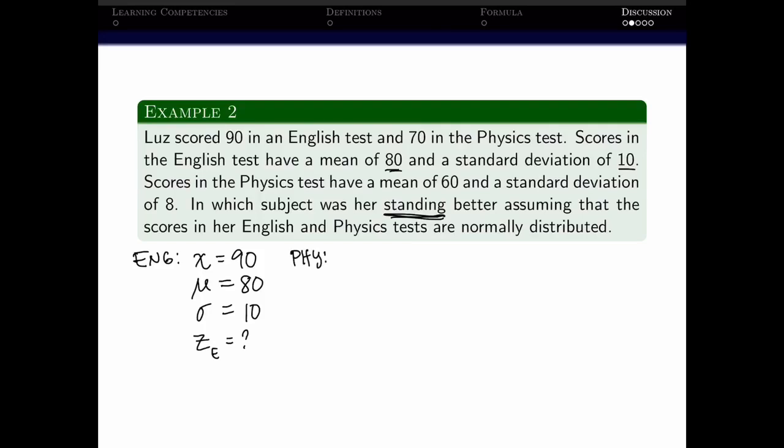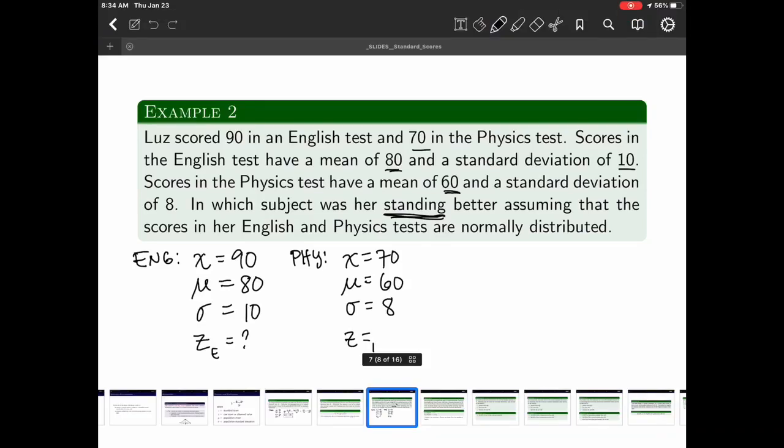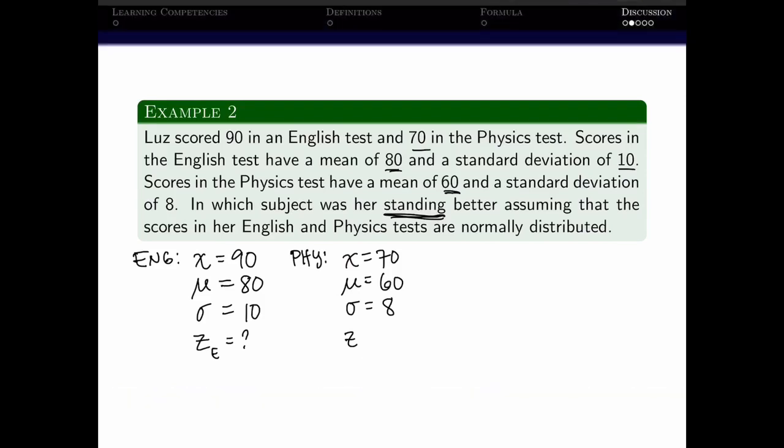In physics, Luz scored 70, so x is 70. The mean is 60, and the standard deviation is 8. So we have to solve for Z for physics.